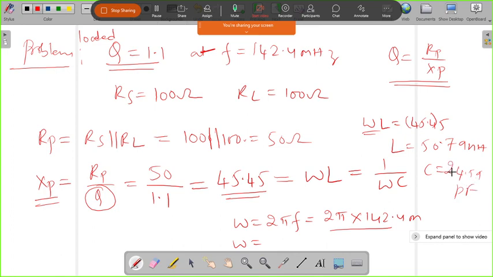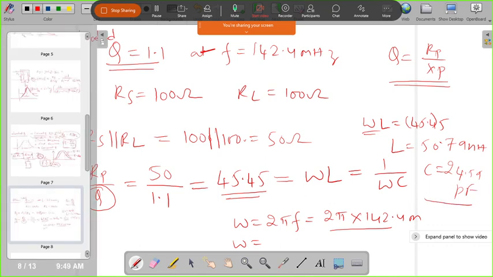So now how to increase the Q? To increase the Q, either we need to increase the capacitor value or decrease the inductor value. Either of these you can take. Whatever capacitor value we obtained, I'll increase to some 500 picofarad.